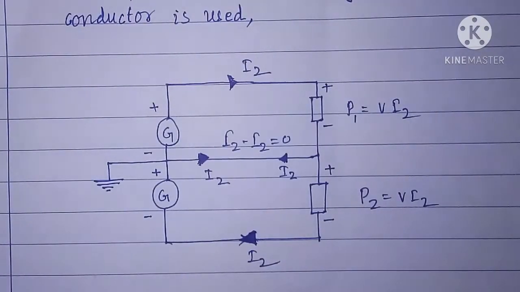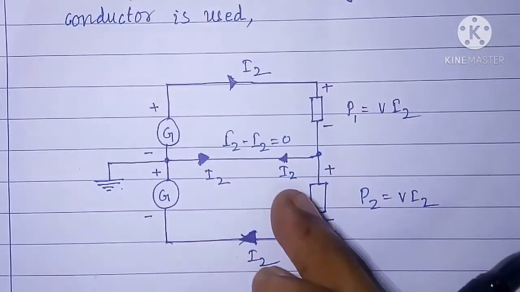In this system you can see the polarity of the lower generator being reversed, because of which the directions of currents due to two generators in the return path are opposite to each other.